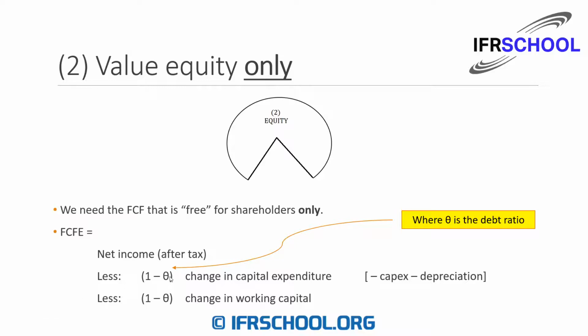So 1 less the debt ratio will give us the proportion of each euro of investment that was paid for by the shareholders. So to arrive at our estimates of free cash flow to equity, we take net income after tax and we subtract off the portion of the additional investments in non-current assets and working capital that were paid for by the shareholders.